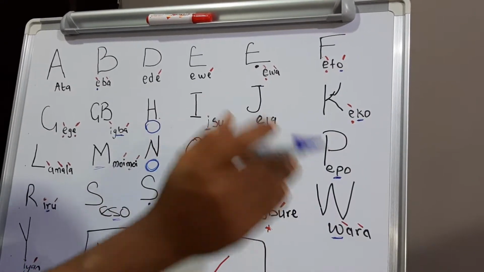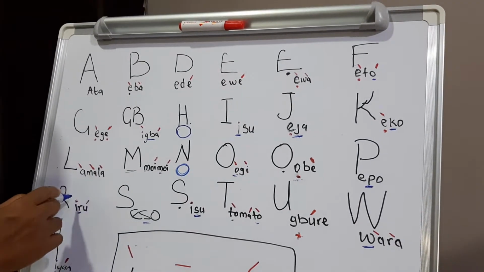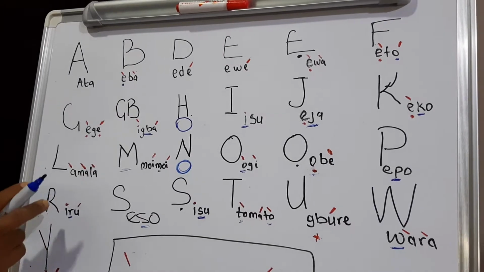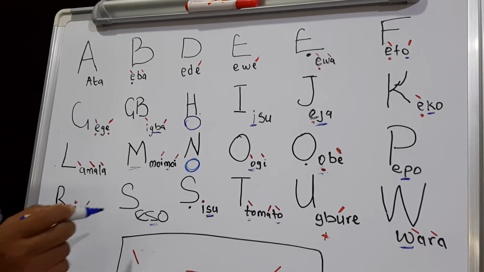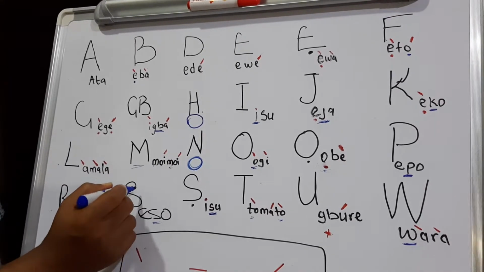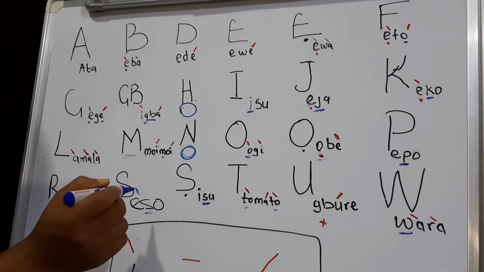Epo, re. Irú, re, mi. Because it's re, we are not putting any sound. This is just a dot on top. So this is going to be do, re.